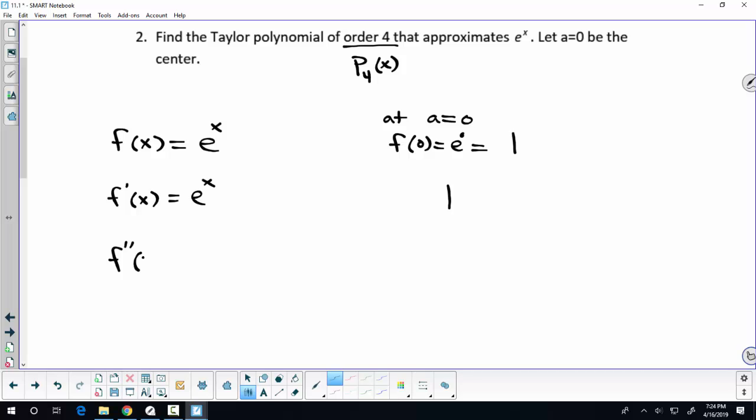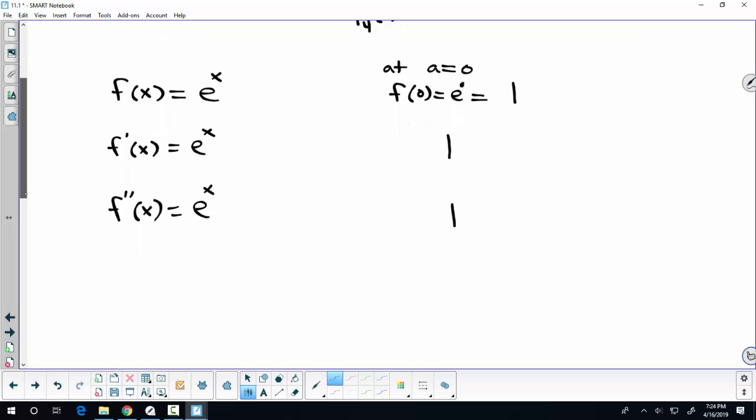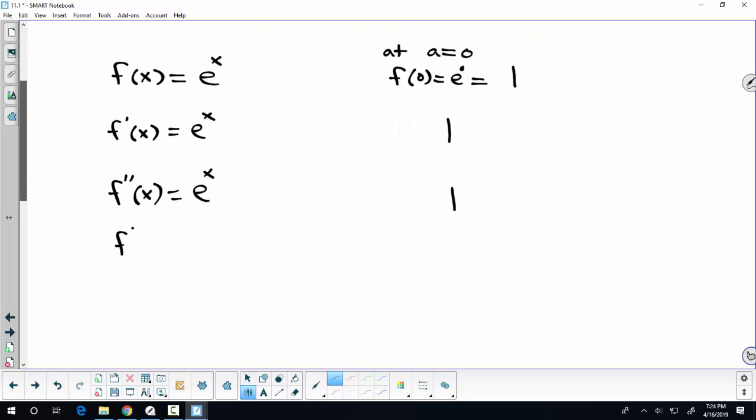So are all of these. You see, depending on the function and the center, all of those coefficients could be different. Here, they just all happen to be 1. Evaluated at 0.